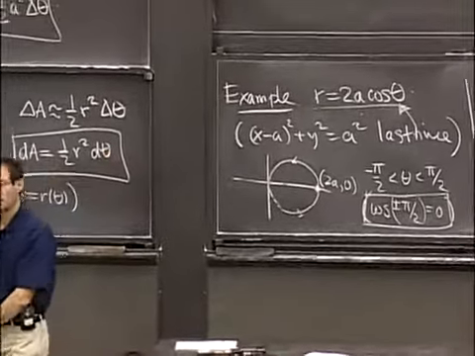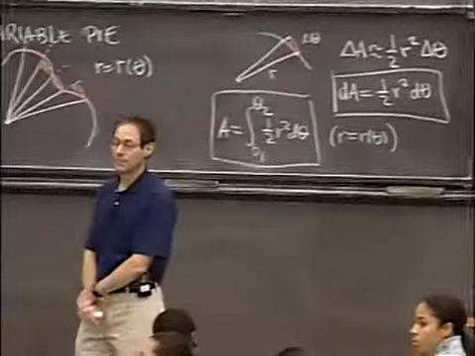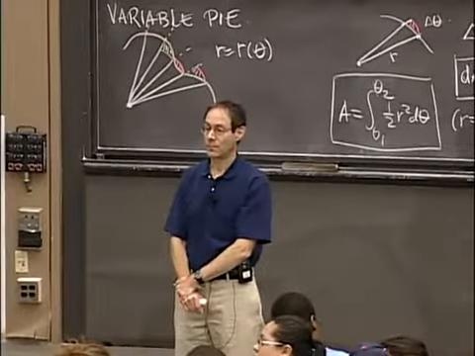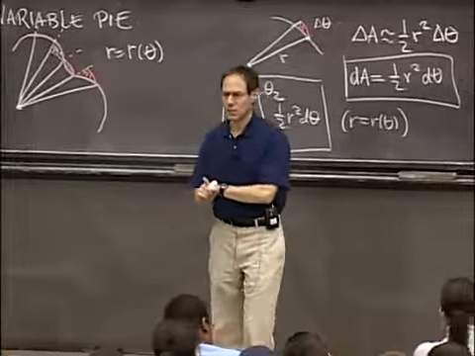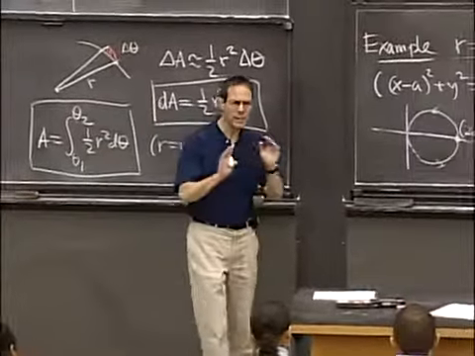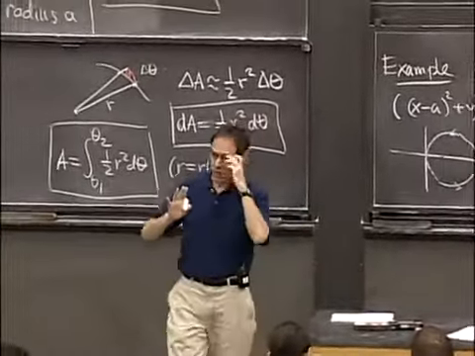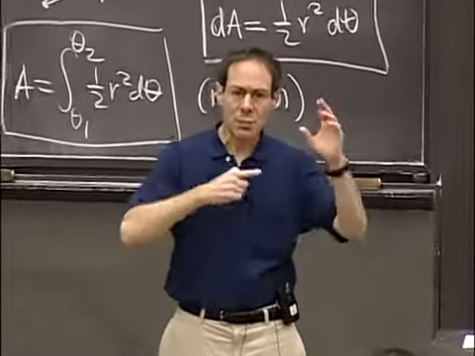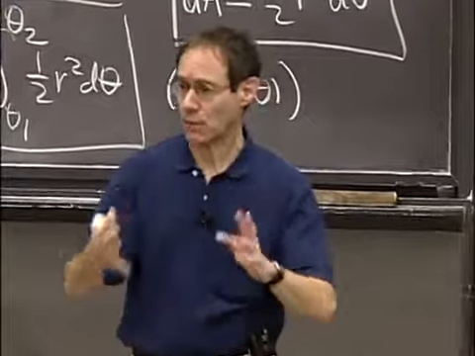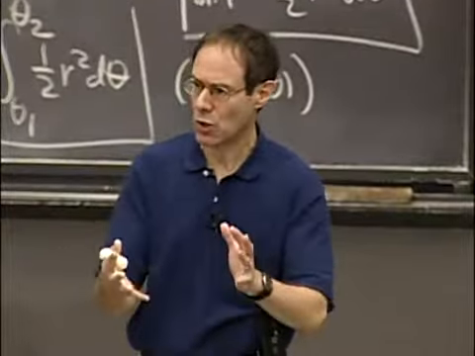Another question. So when we're doing these, should we just guess that it's going to be a loop? I'm probably going to give you some clues as to what's going on, because it's very hard to figure these things out. Sometimes it'll be bounded by one curve and another curve, and I'll say it's the thing in between those two curves.